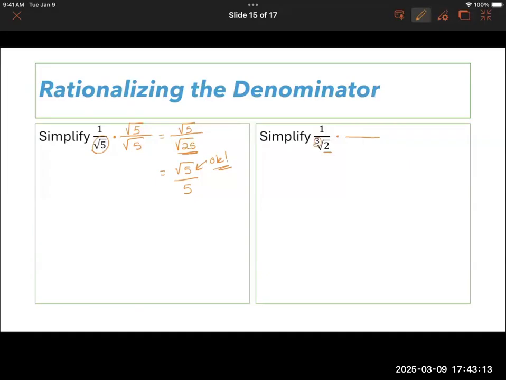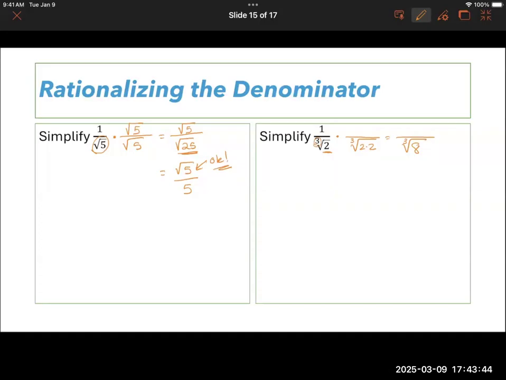So if I'm starting with a cube root of 2, what would it take to get the cube root of a perfect cube? Well, I would need 2 more 2's to get the perfect cube. So I would want the cube root of 2 more 2's, or the cube root of 4. And that's going to give me a cube root of 8 in my denominator.